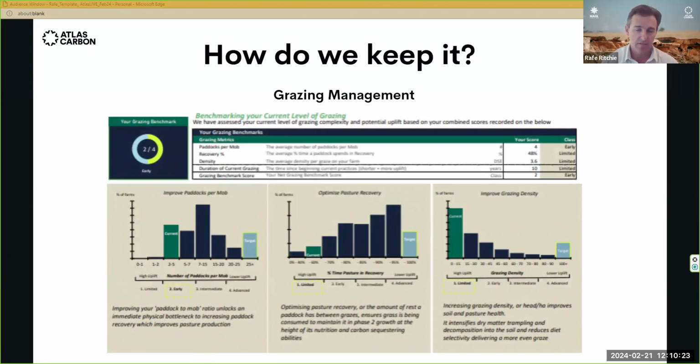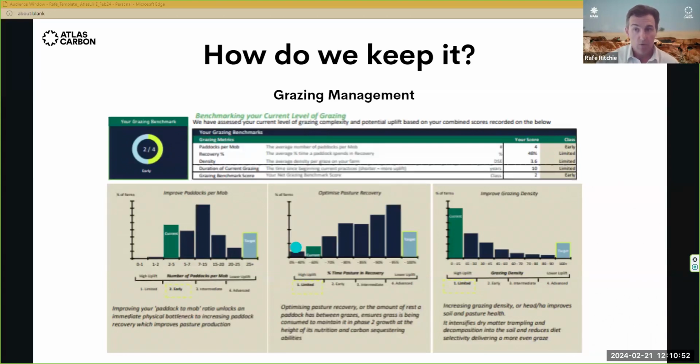The CBR is an excellent desktop tool we use to assess someone's initial viability for a project, because we're in the business of really promising people and their country, not just going everywhere and any place. These are some really great metrics that we use, and they all combine together to give us a bit of a story around grazing management.